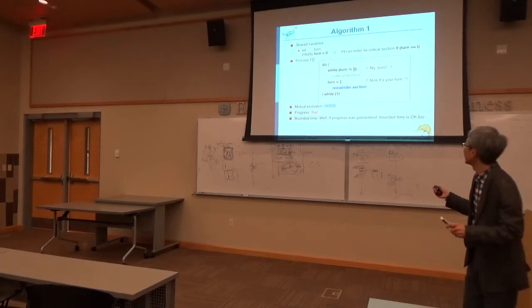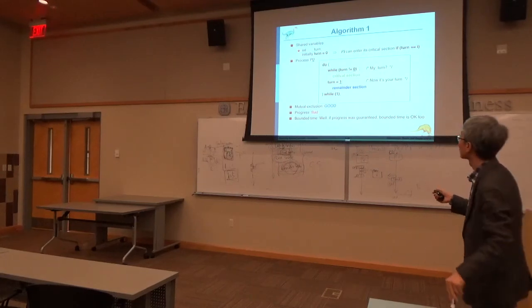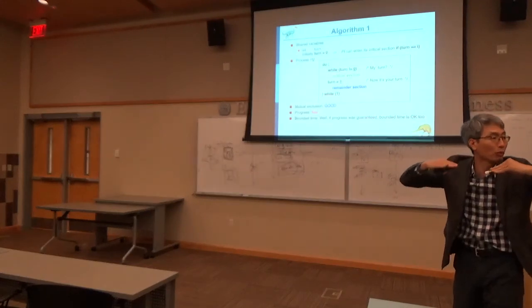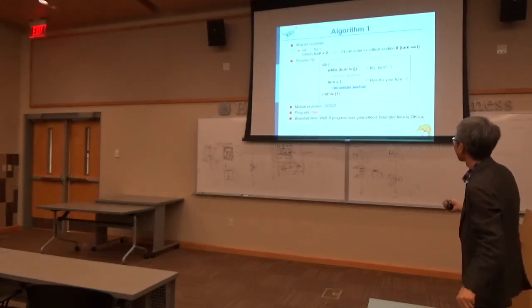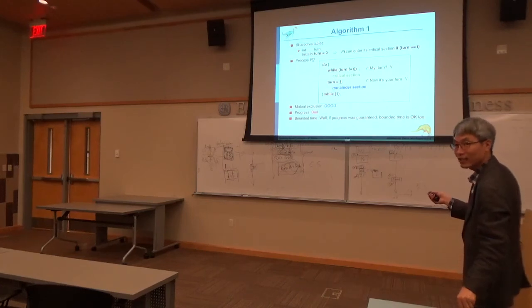In this case, the entry section is a while loop. I won't explain the algorithm yet, just the mechanism to address the problem of synchronization. This is the entry section, and this is the exit section.